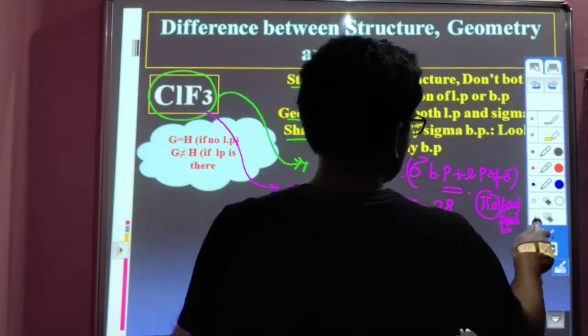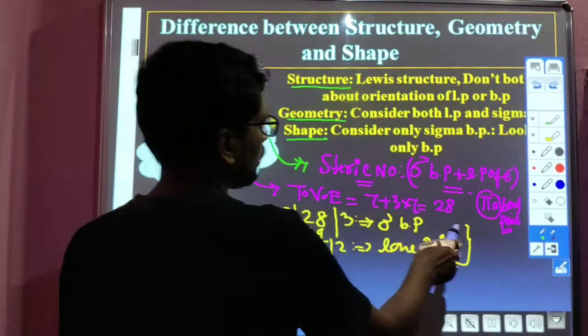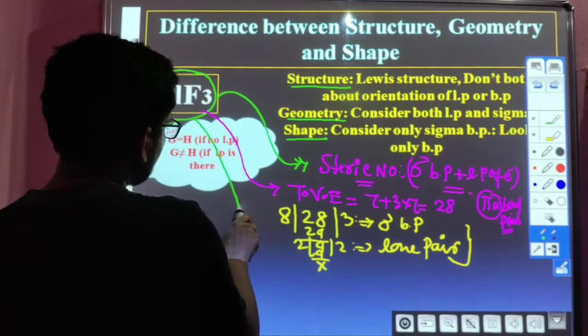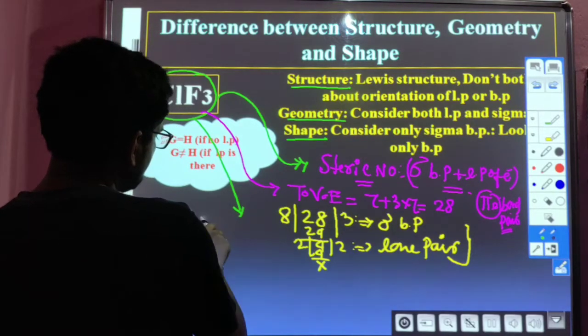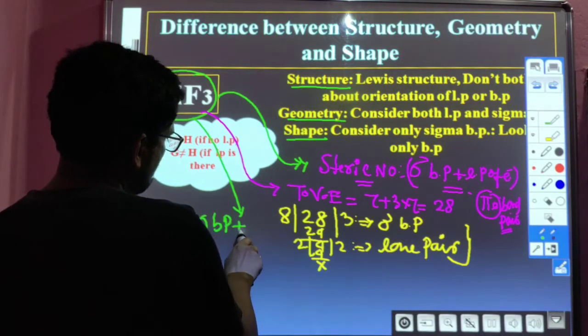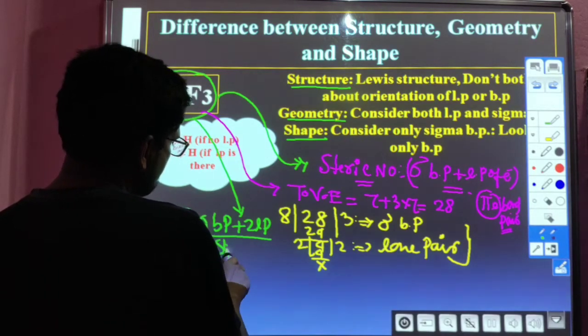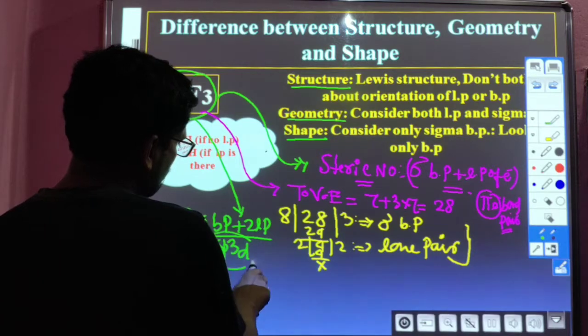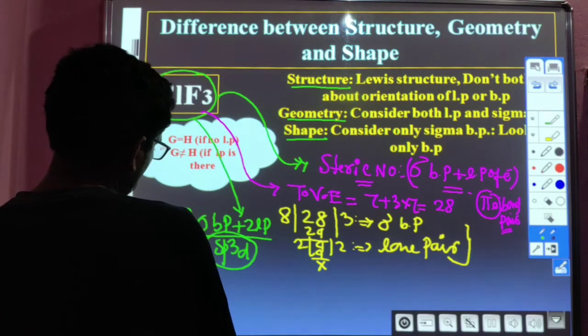Okay, in ClF3, 3 sigma bond pair plus 2 lone pair.